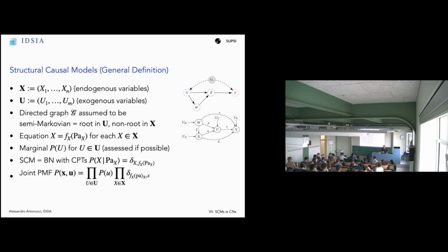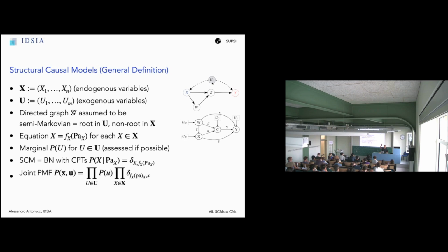Now, this is just to tell you that in practice, structural causal models are a sophistication of this setup. But still, now we are familiar with Bayesian networks. What is a structural causal model? At least an important class of structural causal models is like a Bayesian network such that the root variables are the parentless variables.